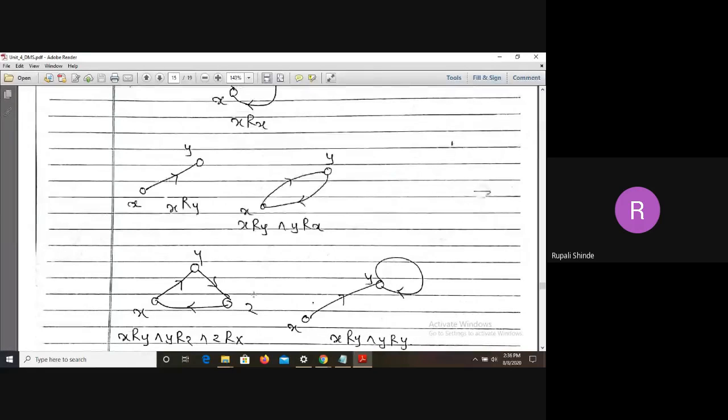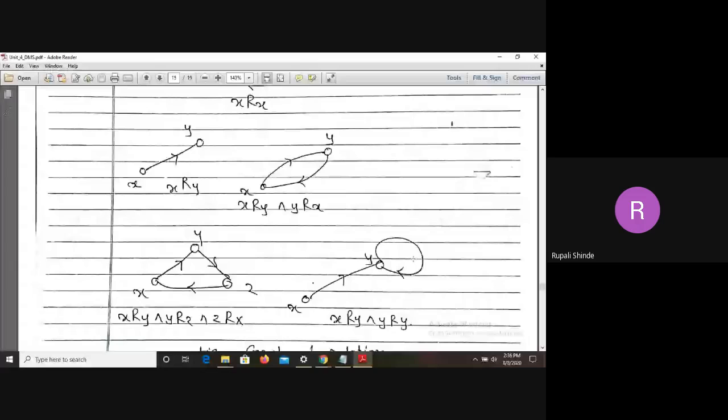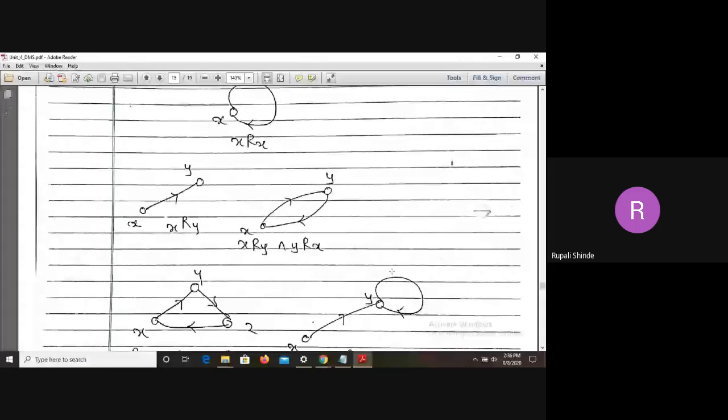If you observe this graph, we can say x is in relation R with y, y is in relation R with z, and z is in relation R with x. And the last one: x is in relation R with y and y is in relation R with y, because there is a self loop at y. So in this way we can define a graph for any relation.